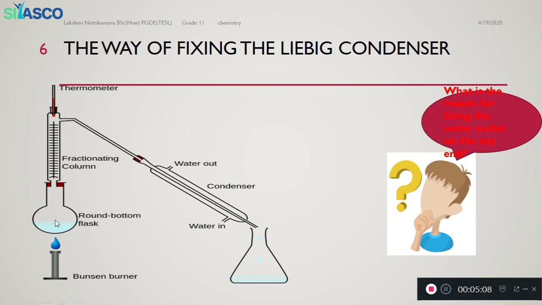The mixture inside this round bottom flask starts to boil and produce vapor. That vapor goes through the fractionating column. If this is not here, we can fix this liquid condenser directly to this, and this will go through to this conical flask. Remember now, here steam goes out.